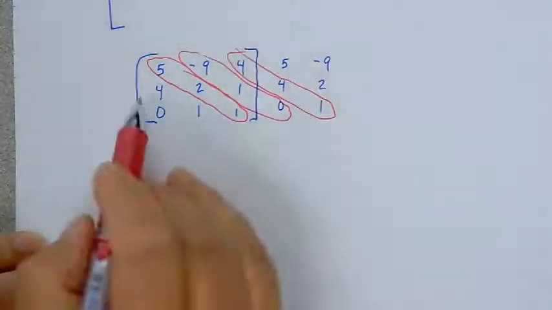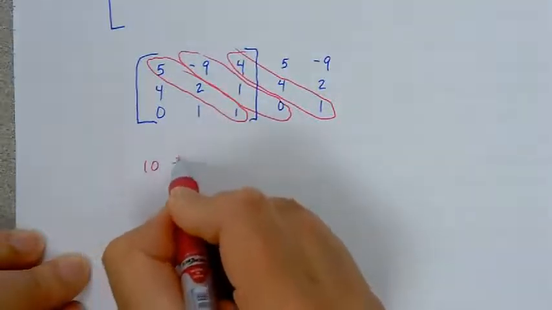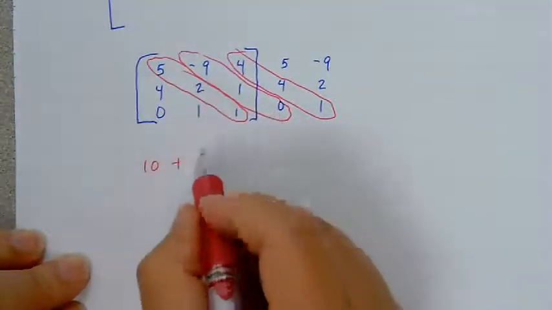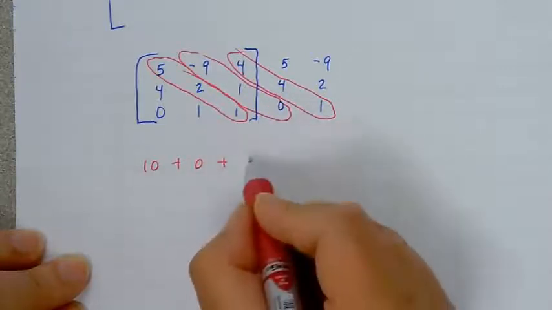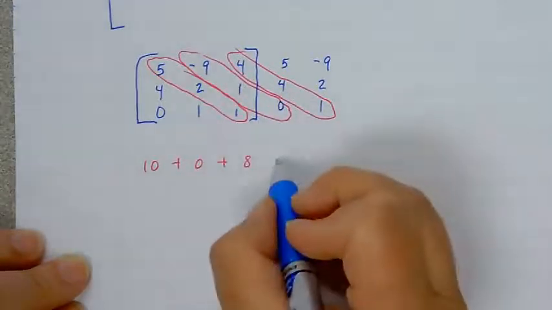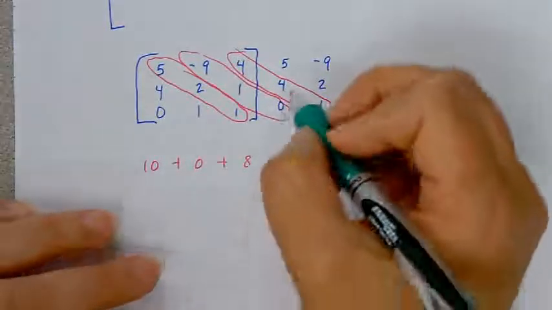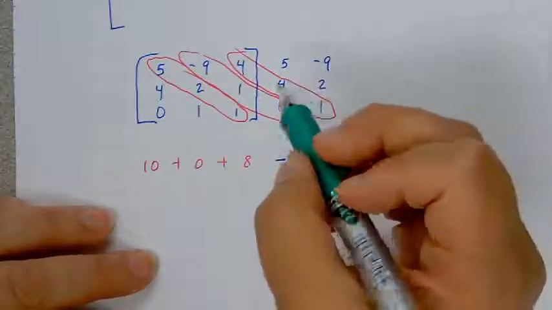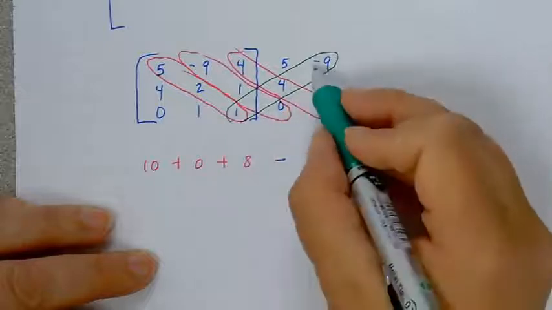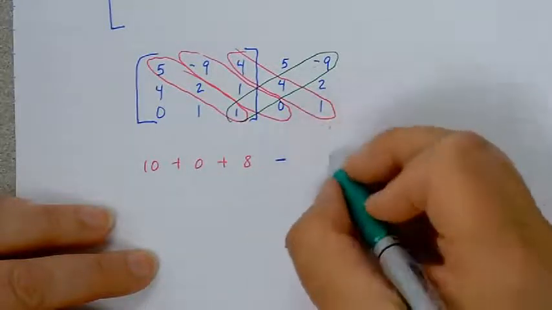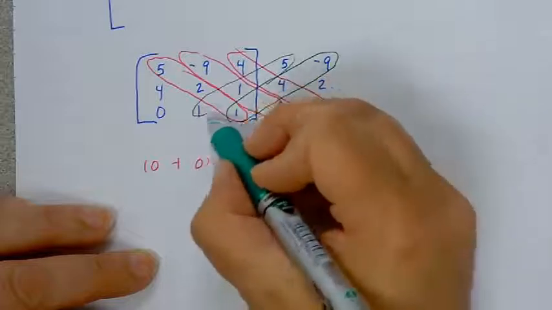So 5 times 2 is 10, times 1 is 10. -9 times 0 is 0. 4 times 4 is 16... actually 4 times 4 is 8 times 1 is 8. And then I'm going to subtract the answer to the other set. -9 times 4 times 1 is -36. 5 times 1 times 1 is 5.